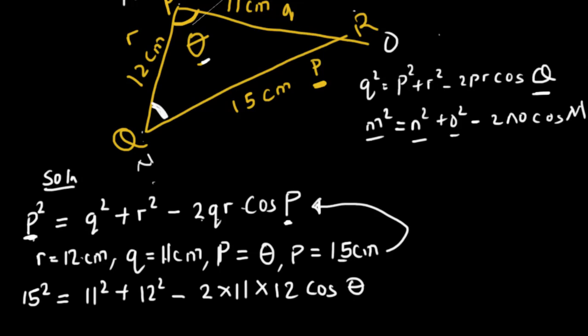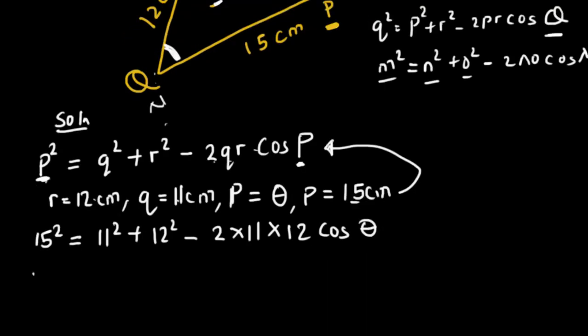15 squared is 15 times 15, and that will give us 225. So we have 225 equals 11 squared, which is 11 times 11, that is 121, plus 12 squared, which is 12 times 12, that is 144, minus 2 times 11 is 22, 22 times 12 is 264.